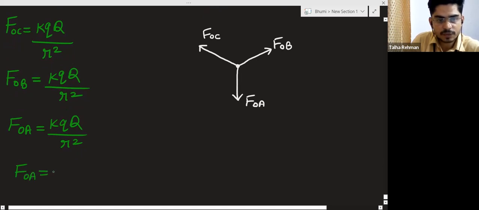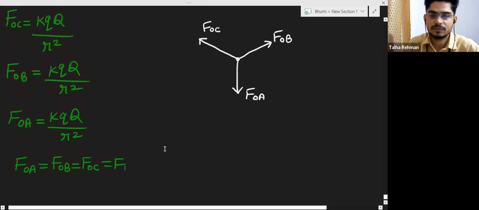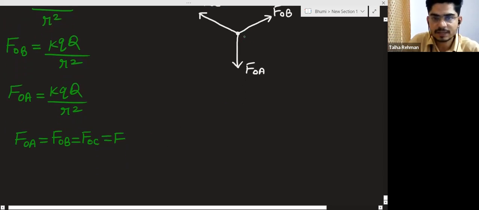FOA is equal to FOB is equal to FOC. So I am supposing this force as F, because these forces are equal. This is the point O, and here plus Q charge is placed.